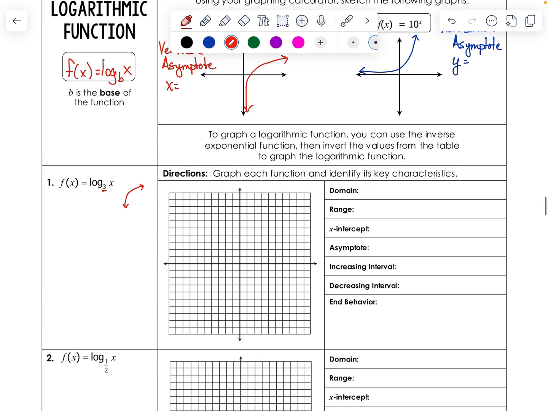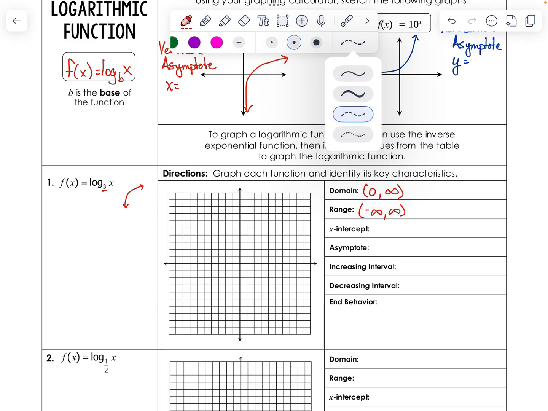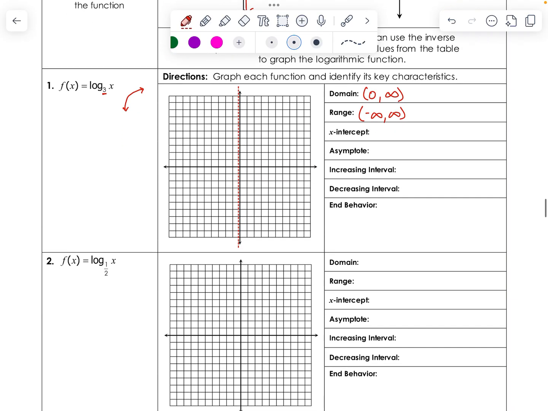So my range is going to now go from negative infinity to infinity, and my domain is what my range would be for the exponential function. So my domain here is going to go from 0 to infinity. And remember, this one has a vertical asymptote. It didn't shift left or right, so it's going to be at 0. So there's my asymptote.